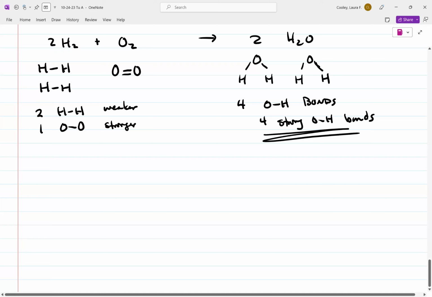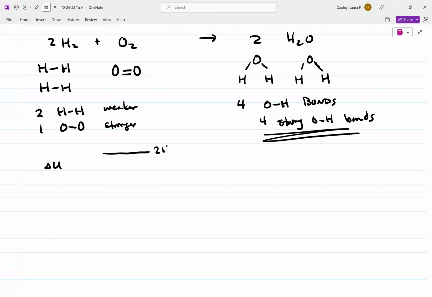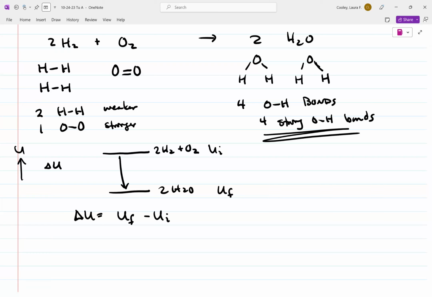Okay, so we know that energy is released here. Because you're going from a higher energy to a lower energy, what is the sign of that delta U going to be? Here's U initial, here's our final. Delta U is always the energy of the final state minus the energy initially. The initial is higher.